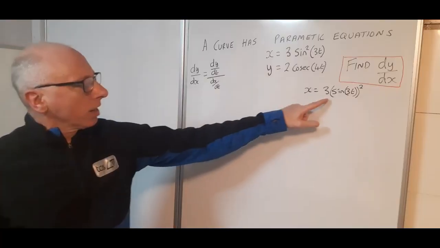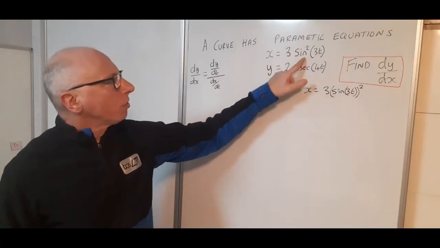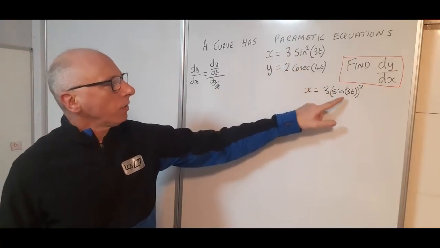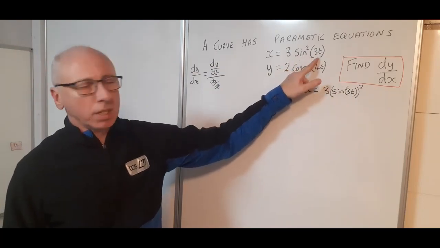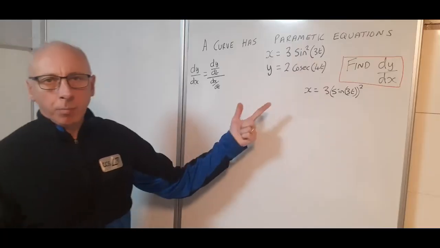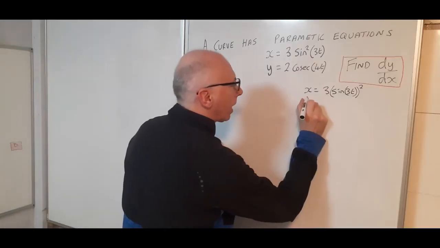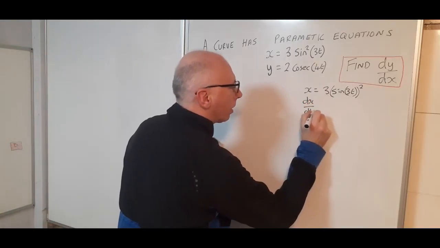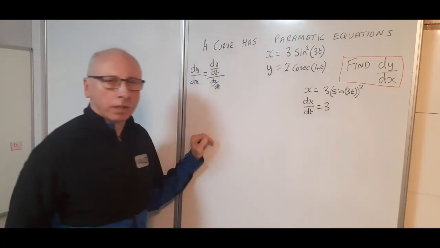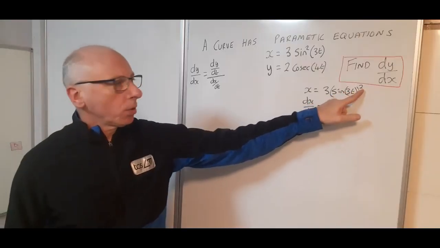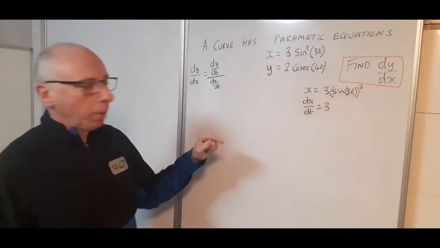I like to write things like this sometimes when I'm trying to do derivatives like this, because it's sine squared of 3t. Okay, so now I can apply the chain rule here. So now my dx/dt equals 3. By the chain rule I can bring this 2 out the front and multiply it.